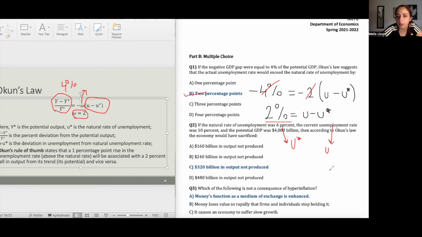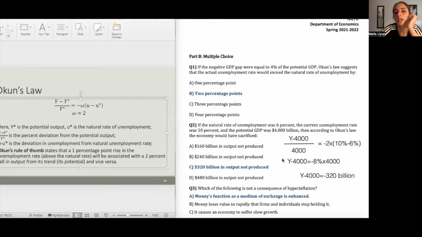I will write it and show you. I put the information that we know in the formula. It asks us what amount the economy will have sacrificed. It is equal to this part.